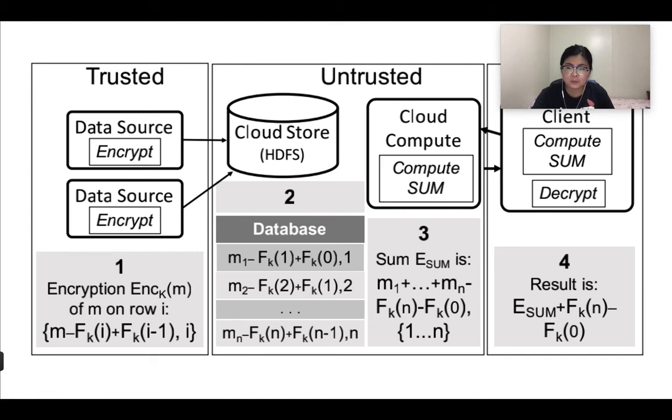It is possible to decrypt the sum of a range of values by evaluating the hash function only twice, regardless of the size of the range.